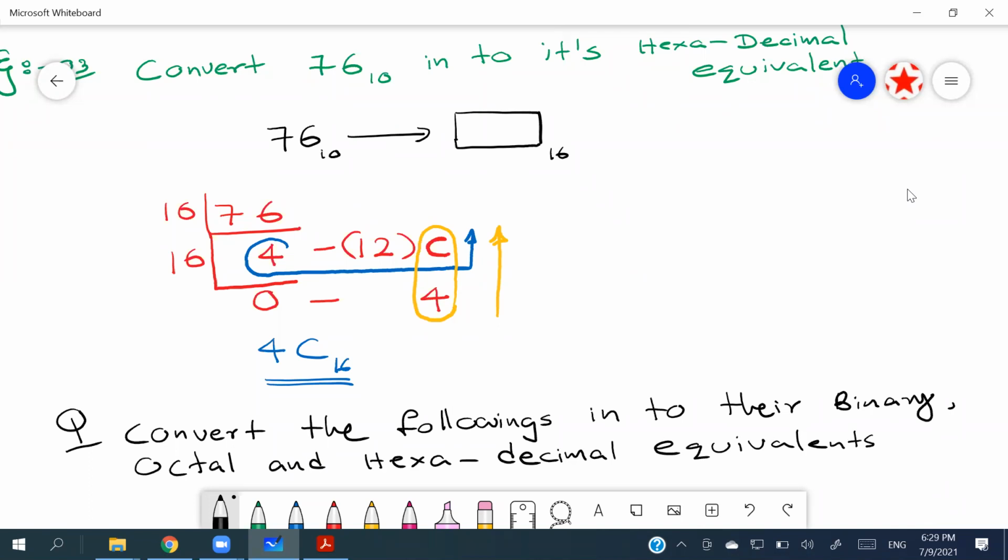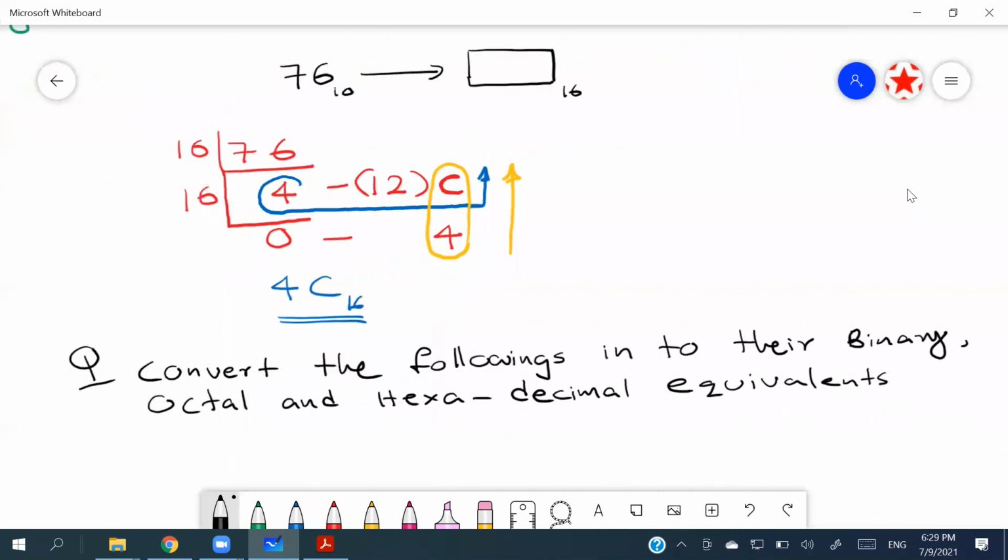So you have to convert a particular decimal value into all three number systems, right? To binary, to octal, and to hexadecimal.